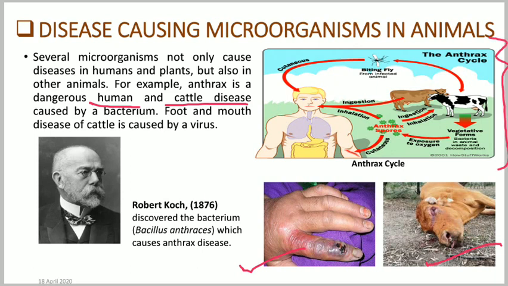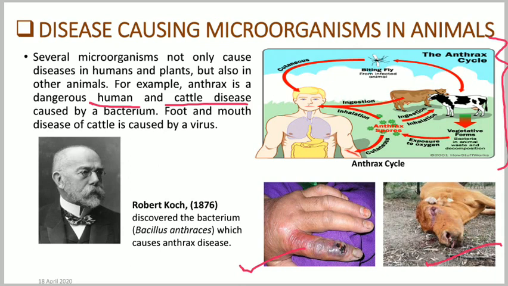Since we all know that microorganisms grow mainly on dead and decomposed organic matter, when that decomposed organic matter gets consumed by plants, and cattle consume those plants, they will get infected with those microorganisms or bacteria. Those bacteria will also be exposed into the air.